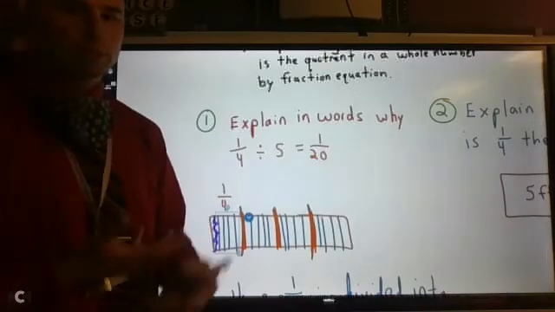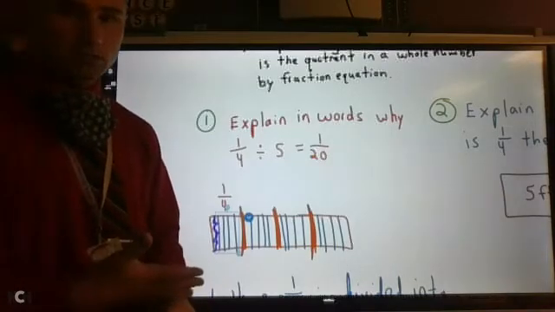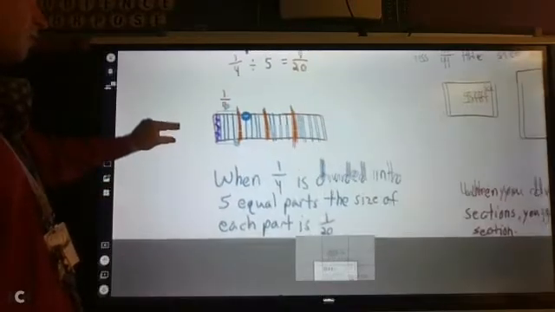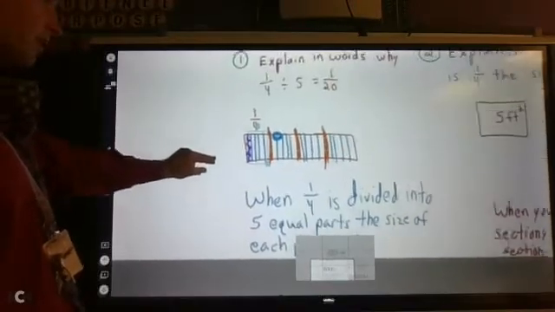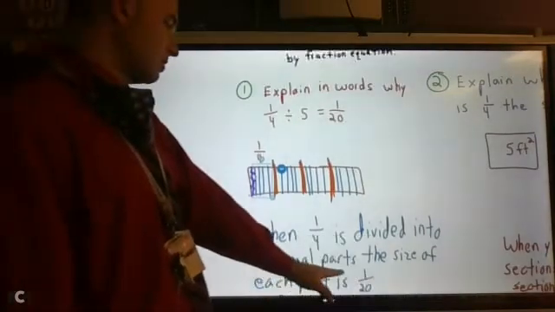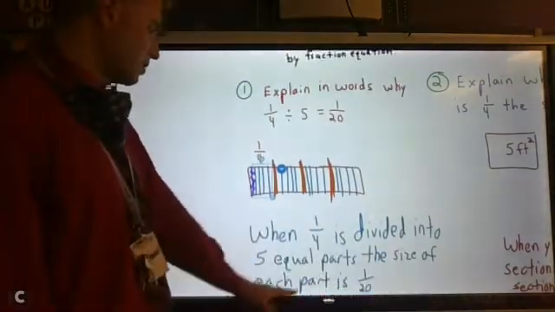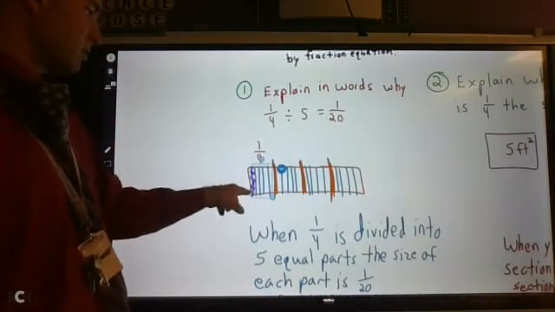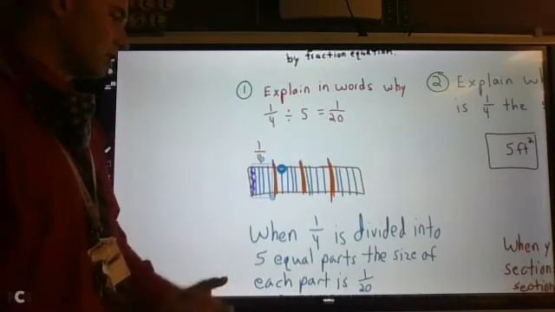So how would I explain this in words? What's going on here? When 1/4 is divided into 5 equal parts, the size of each part is 1/20. The size of each of these parts is going to be 1/20.